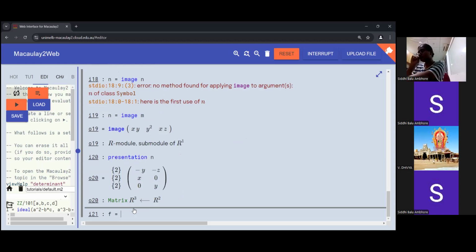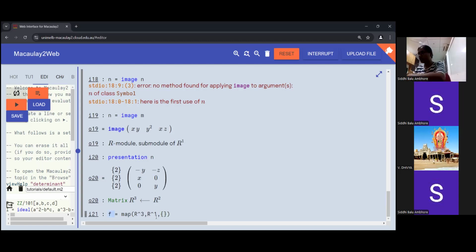And in terms of functions also, I think we can obtain these maps. But in Macaulay 2, we are going from R3 to R. We can't write just R here, because when we write just R, it considers it as a polynomial ring.